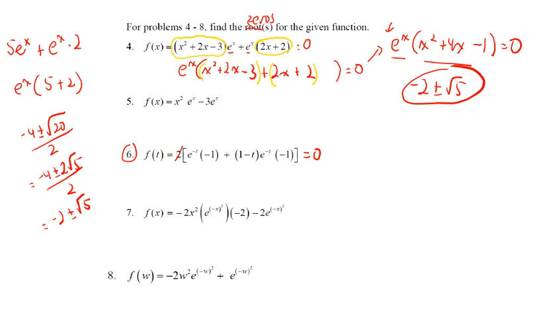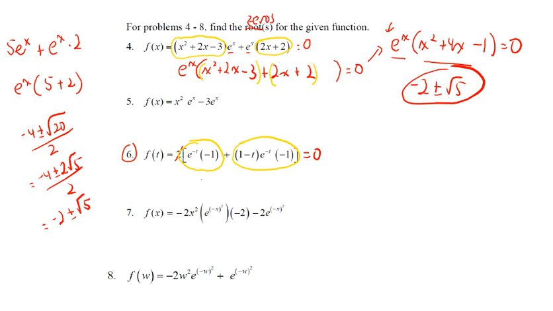The reason I didn't stop writing the negative e to the negative x is because it's going to affect how this sign chart comes out. I'm not going to think about the negative 4 and the positive 4 for a minute. Let's pick a number less than 1 and plug it into this function. Let's think of 0. 0 is an easy number.